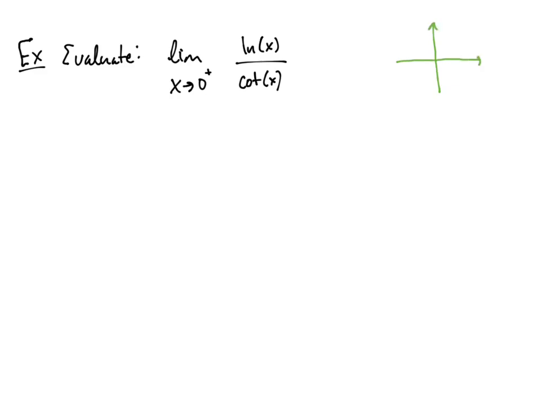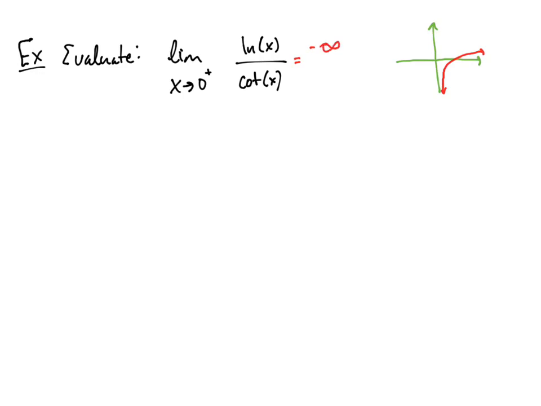As we're approaching 0 from the right-hand side, the graph of ln of x looks something like this. As we're getting close to 0, the graph goes to negative infinity. So when we use direct substitution here, this is going to be negative infinity in the numerator.